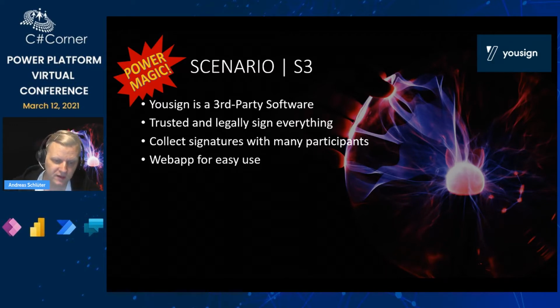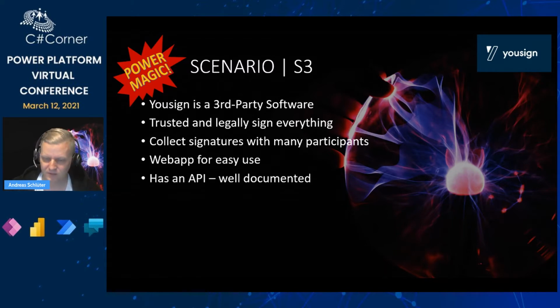But in our case, we don't need the web app, because we create documents programmatically. We create thousands of documents a month. We can't use a web app, and the employees can't drag and drop the contracts in the web app to make the signature.